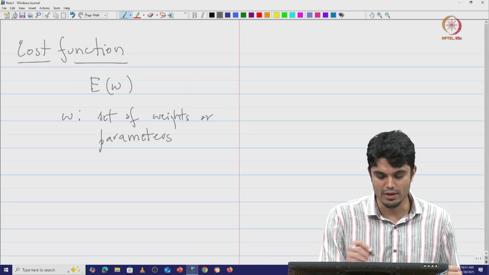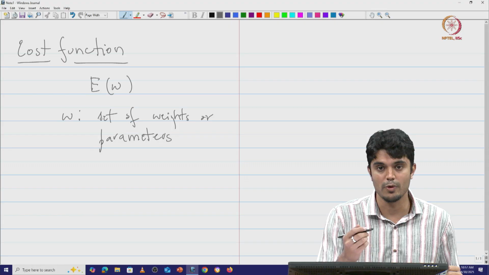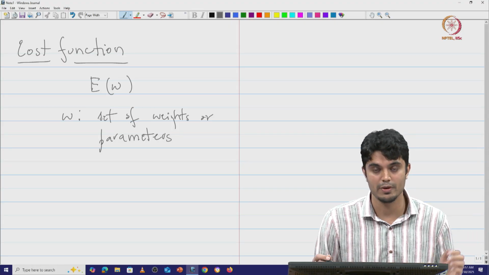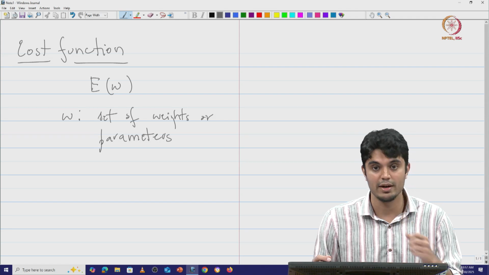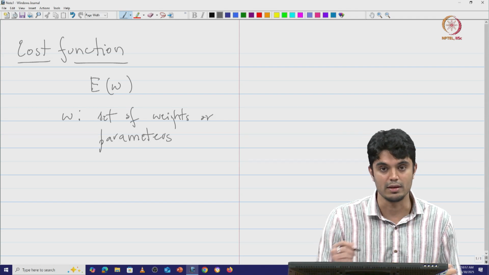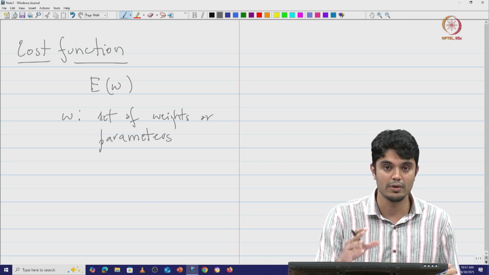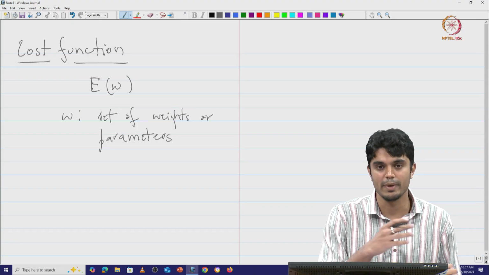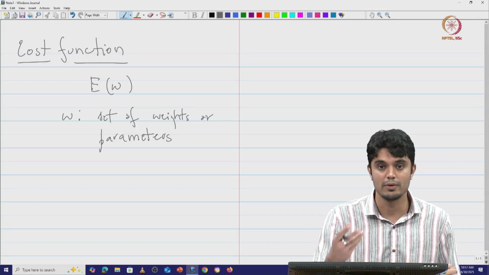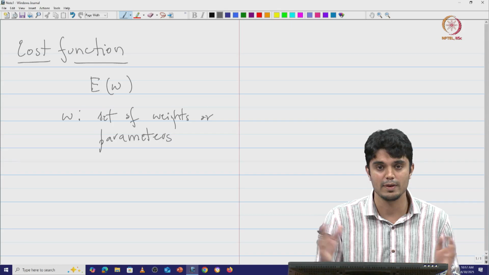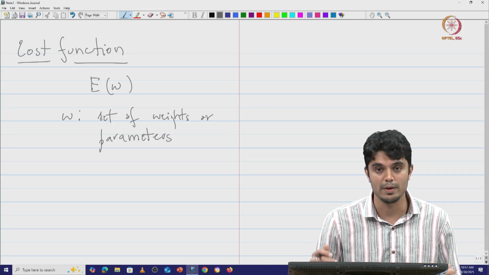Omega is the set of weights or parameters, right? So omega is also a vector. You have studied linear algebra already, and omega will be a vector, especially when the model that you are trying to fit has some n number of parameters. If you look at neural networks, they run into millions of parameters, in fact.